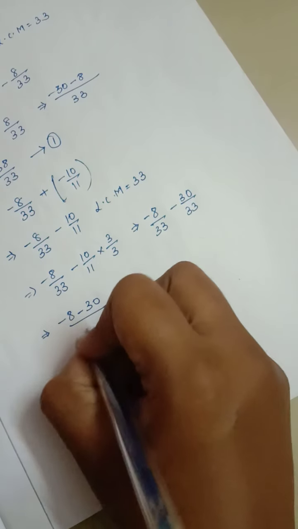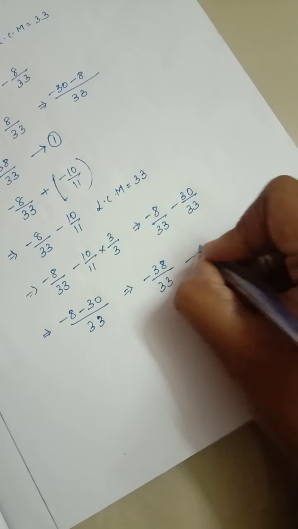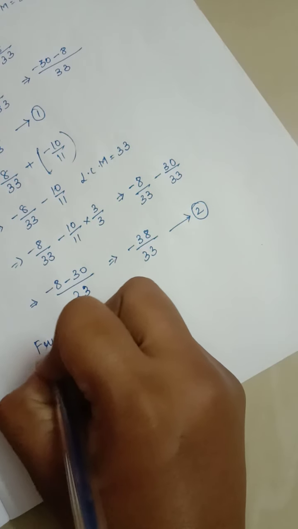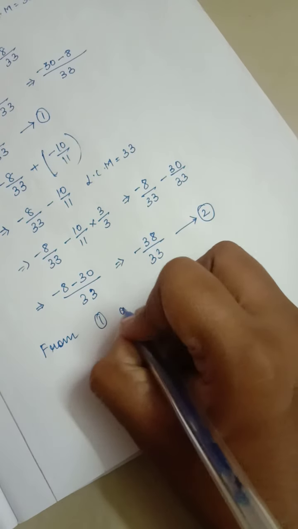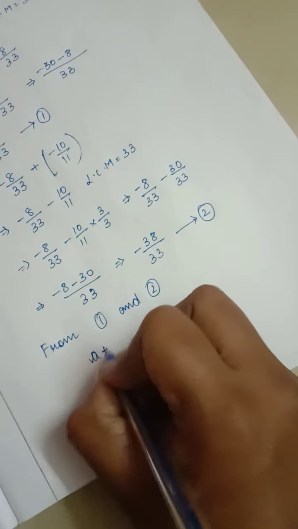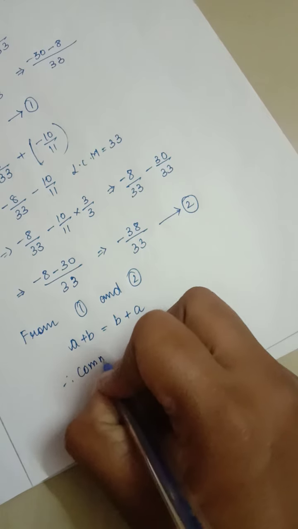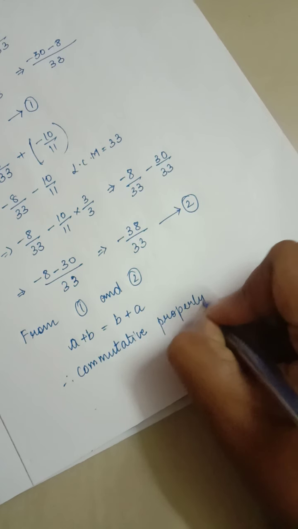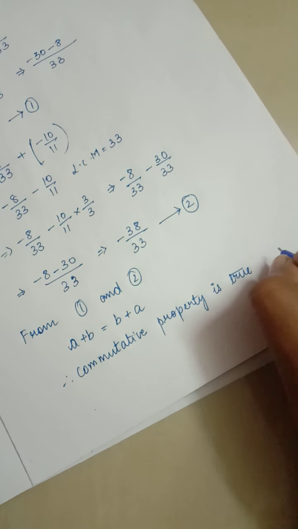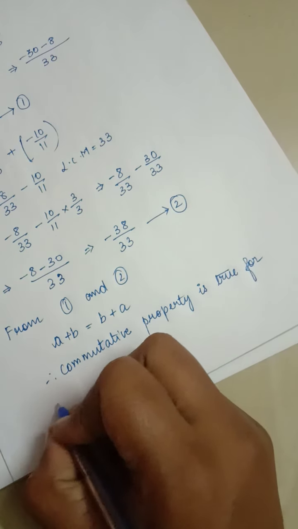Since the denominators are common, you can add the numerators. That implies minus 38 by 33. This is equation 2. From 1 and 2, A plus B is equal to B plus A. Therefore, the commutative property is true for addition.